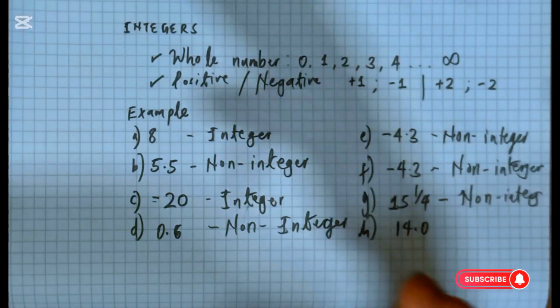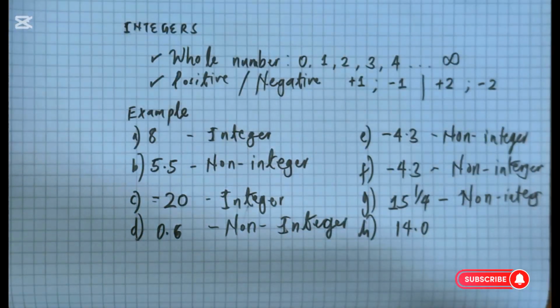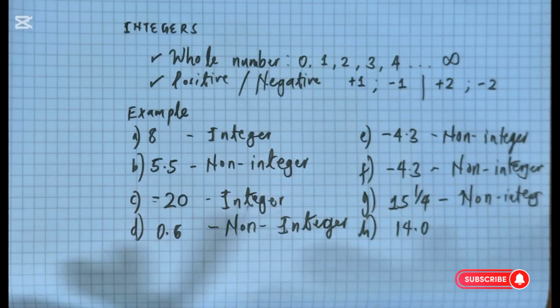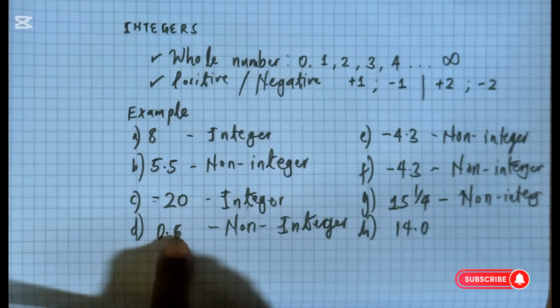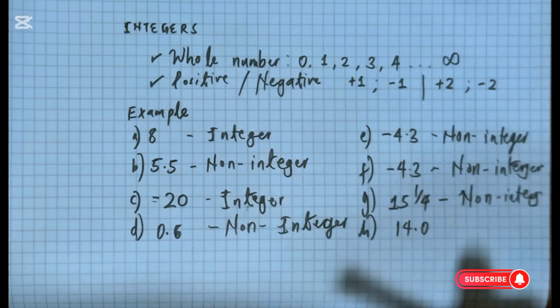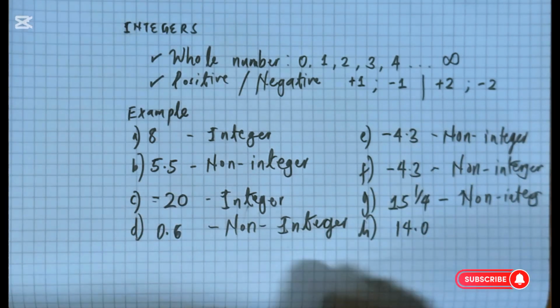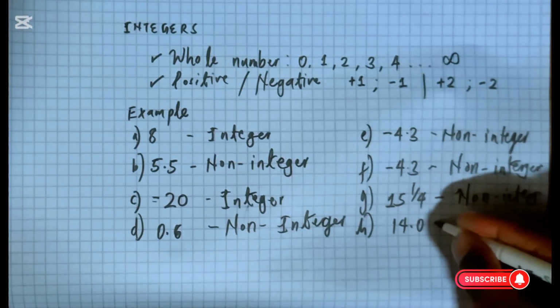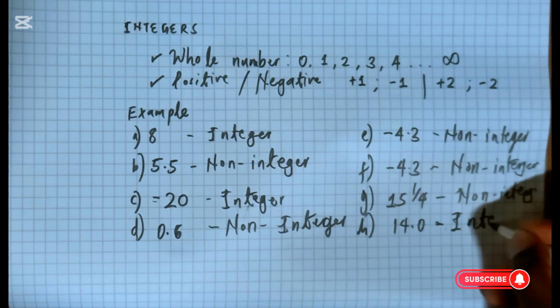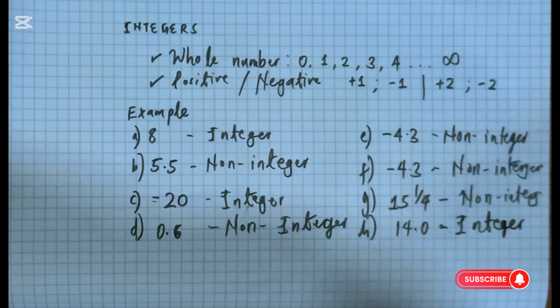However, it is disqualified from being an integer the moment it has a fractional decimal, like 0.6, 0.5, 0.3. In this particular case we're having 0.0, so being that it's 0.0, it will qualify to be an integer. So this here is an integer.